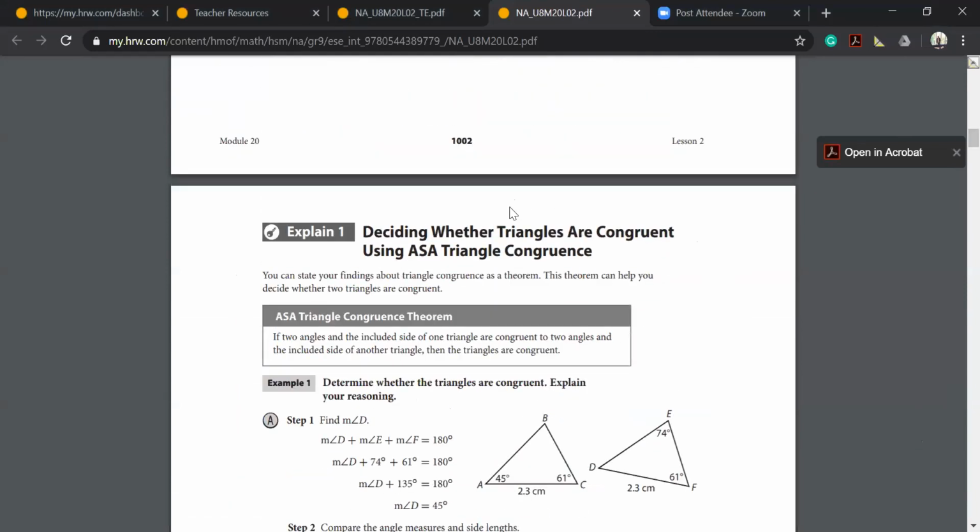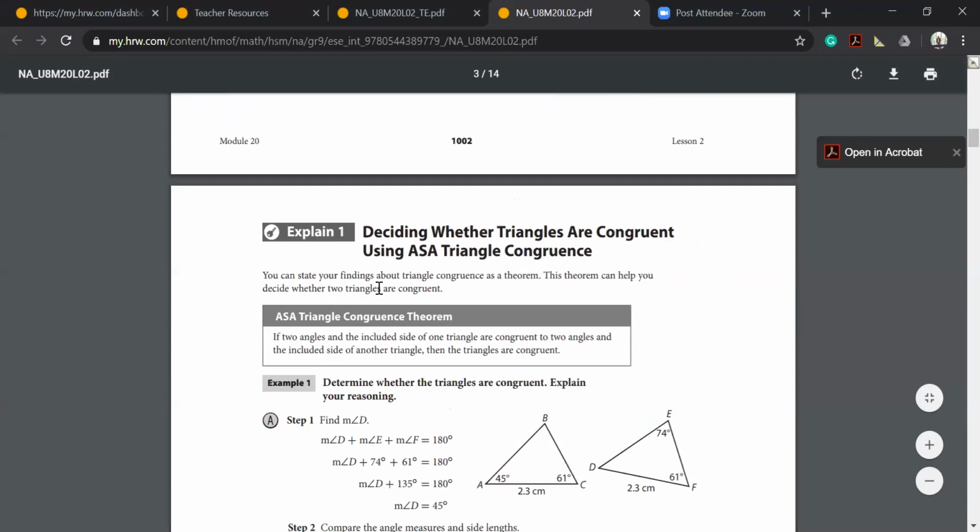Explain 1: deciding whether triangles are congruent using ASA triangle congruence. You can state your findings as a theorem. This theorem can help you decide whether two triangles are congruent or not. And of course, since this is a theorem, you are going to be required to prove it.